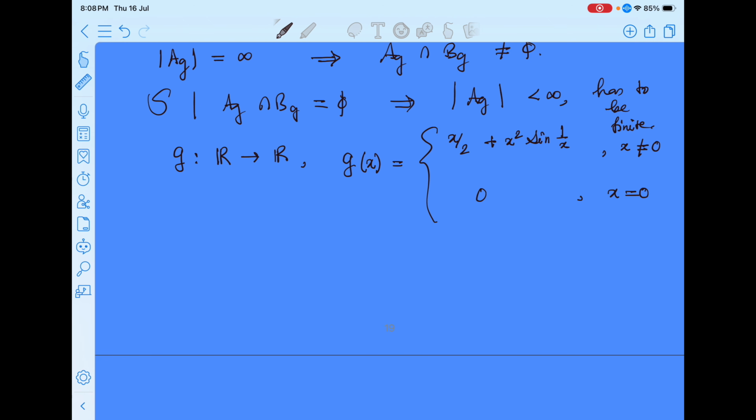You can see that this function is continuous, because as x tends to 0, this tends to 0.